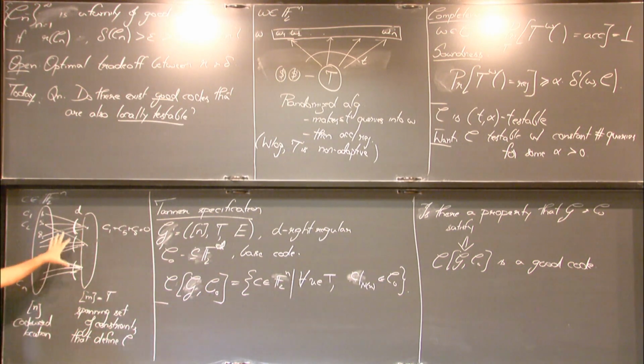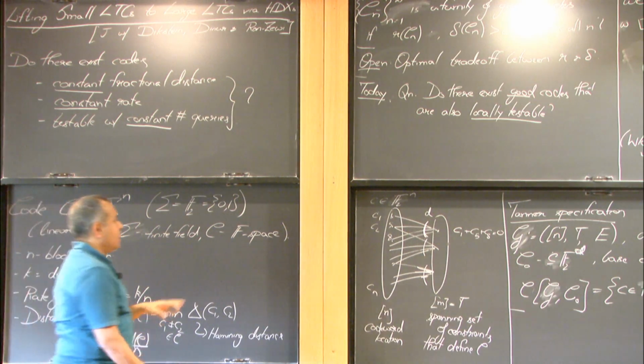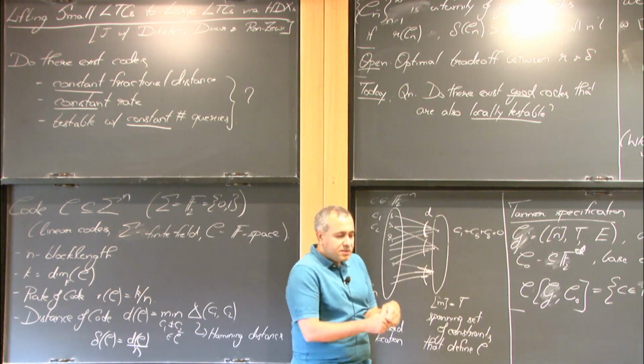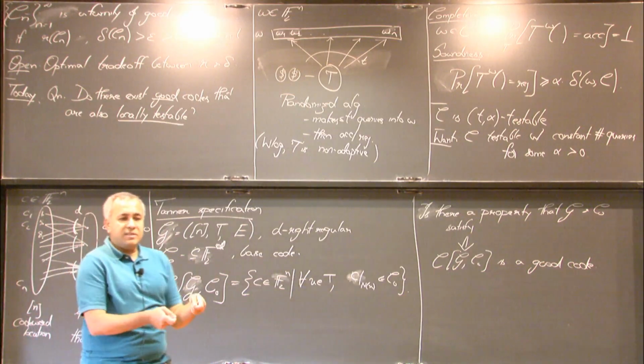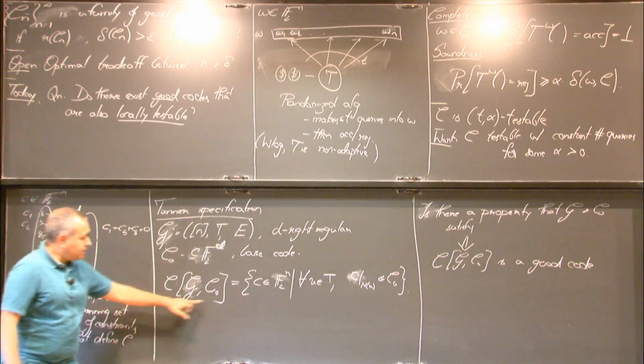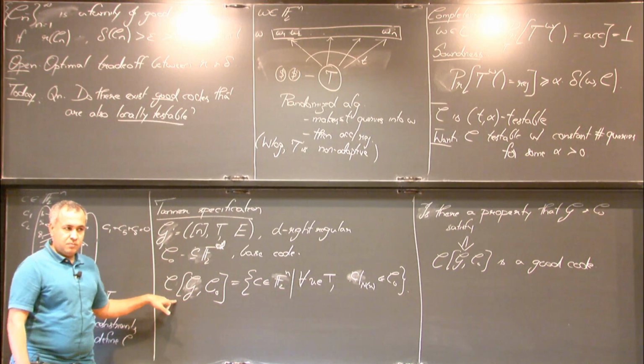Let's relax our question. Let's forget about a constant number of queries. Let's just ask for constant fractional distance and constant rate. Can I construct codes in this process? Constructing a code means to construct this graph and the base code such that the corresponding Tanner code has good rate and good distance.